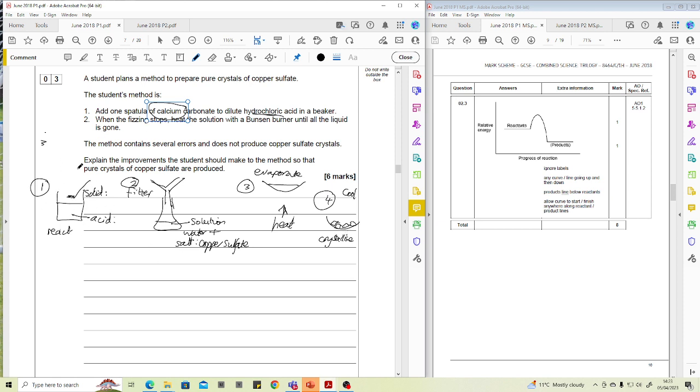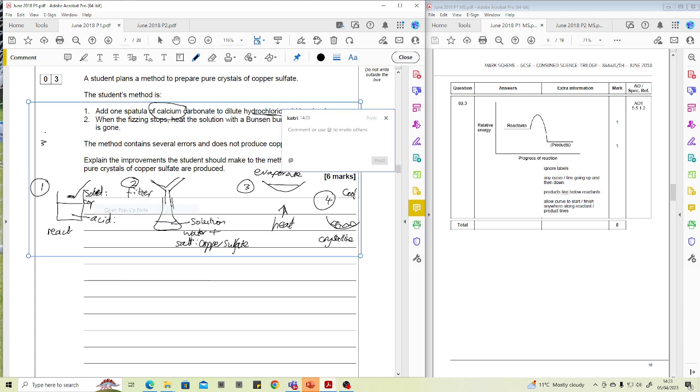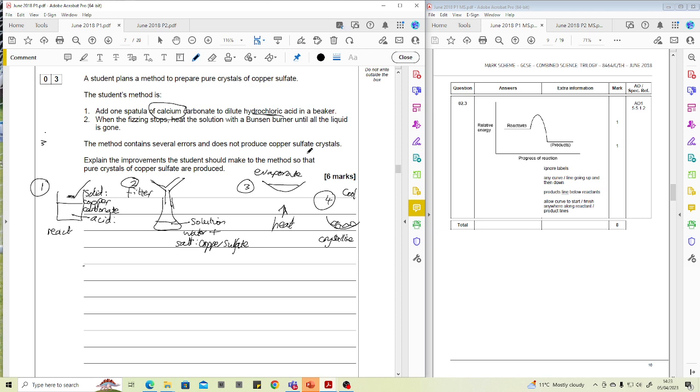So add one spatula, that's not going to be enough, and also calcium carbonate isn't the right one. We've got to have copper carbonate. And it's no good just saying copper, you've got to say copper carbonate. Unless you give full names, you can't reach level 2. You can't reach level 3. And the acid that we need, well, we've got to make sulfate, so it's got to be sulfuric acid.